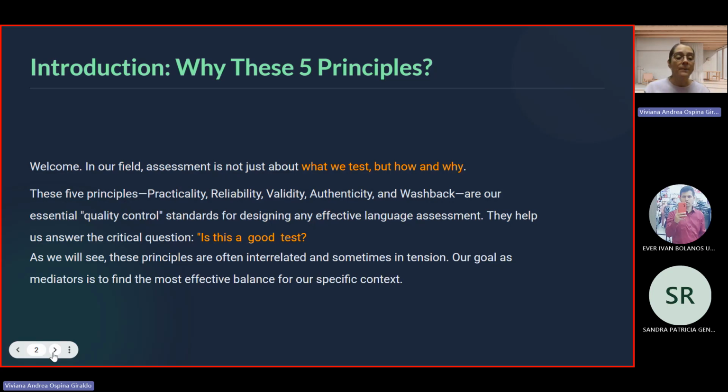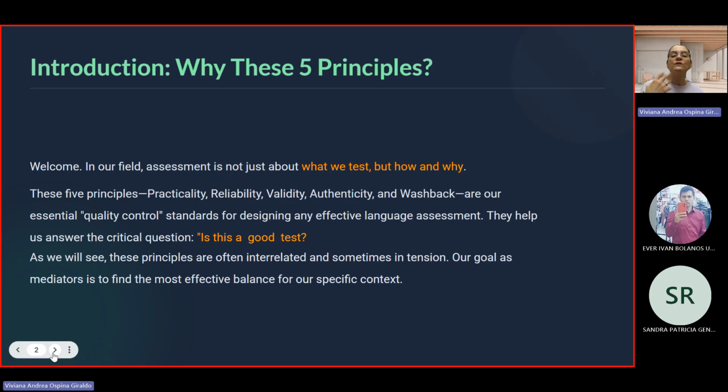They help answer these questions that sometimes we have in mind when we are developing and creating a test. Then we think about, is this a good test? Is this test going to help my students to reach the learning objectives?